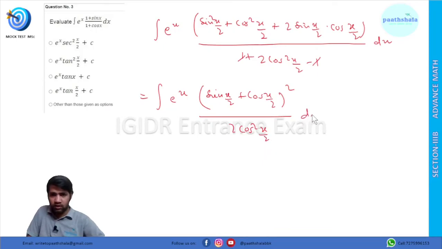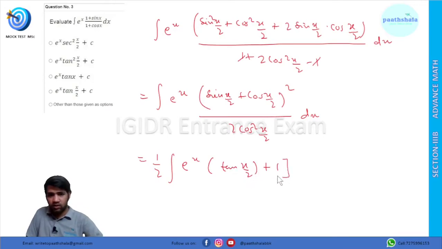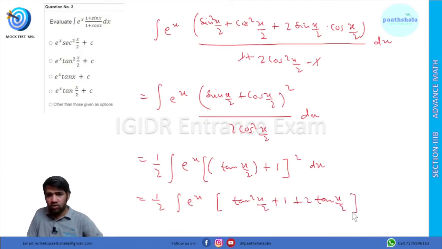Okay, now when you solve it further, half will come out of the integral e to the power x. Now take cos x by 2 as common, so cos square x by 2 will get cancelled out and this will become tan x by 2 plus 1 whole square dx. Now expand it, so this will be half integral e to the power x, in a bracket you will get tan square x by 2 plus 1 plus 2 tan x by 2 dx.